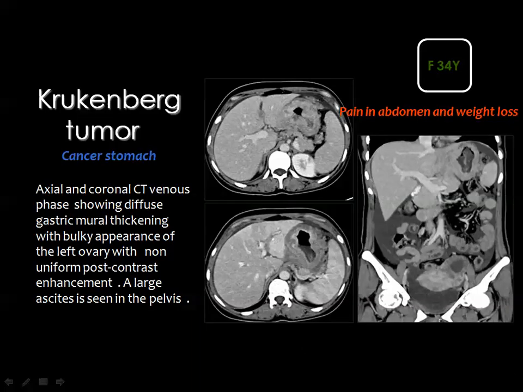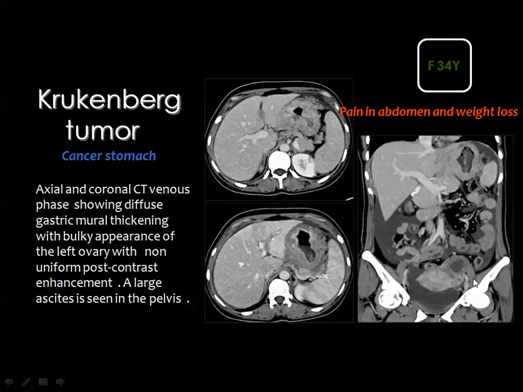And this patient, 34 years old, has a gastric tumor. You see the stomach, there is diffuse gastric mural thickening encroaching on the gastric lumen that was proved to be a cancerous stomach.